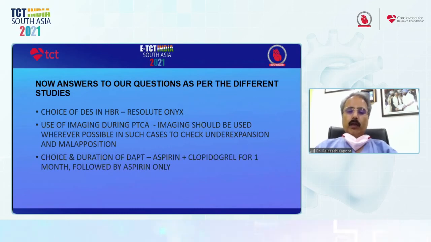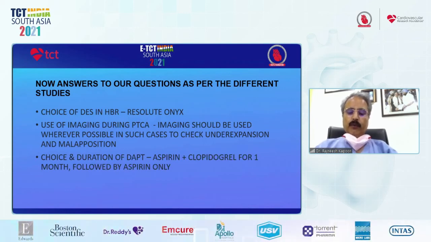This is what we practice and what the guidelines also say. Although guidelines say 6 months for ACS patients, based on the high bleeding risk, there is data that we can withdraw the second antiplatelet after 3 months or even after a month. So individually, we can decide on a patient to patient basis.